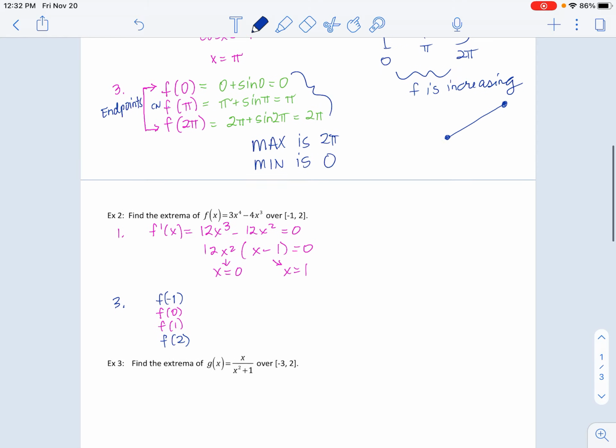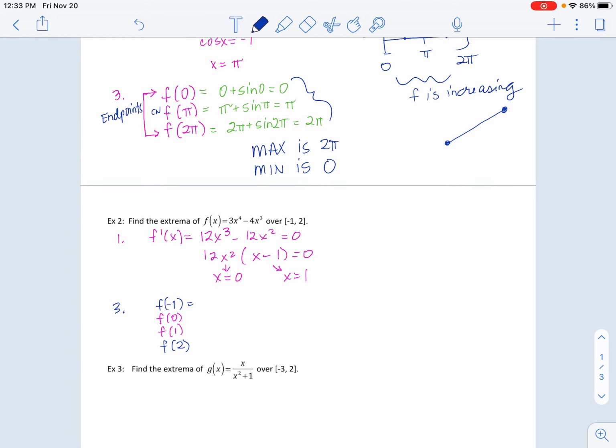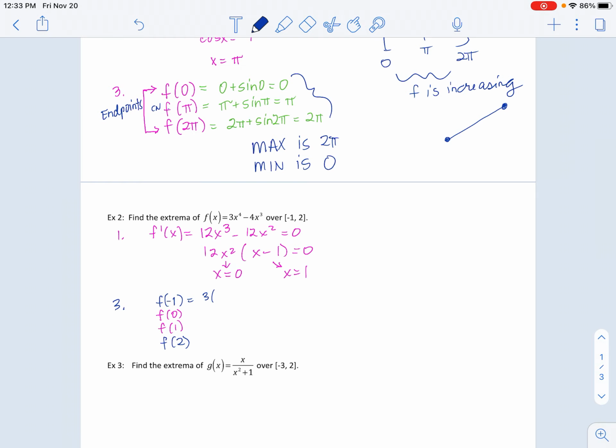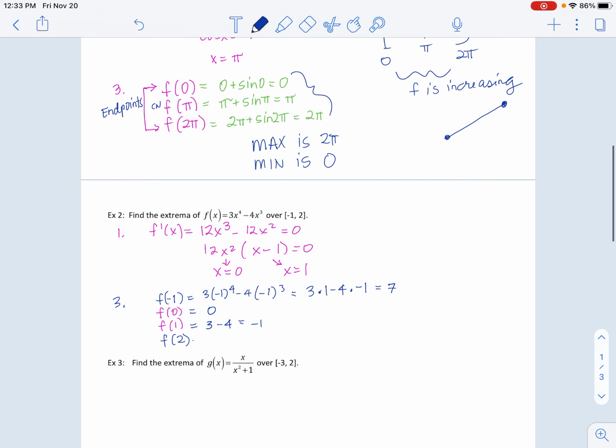So f of -1 is 3 times -1 to the 4th minus 4 times -1 cubed, which is 3 times 1 minus 4 times -1. That would be 3 plus 4, giving me 7. f of 0 is 0. f of 1 is 3 minus 4, which is negative 1.